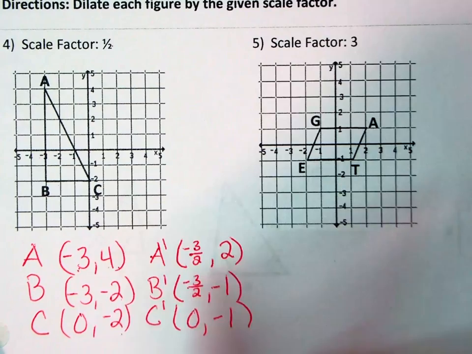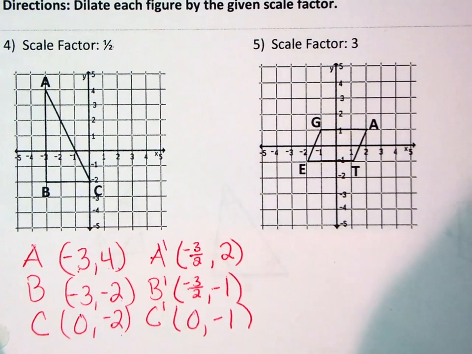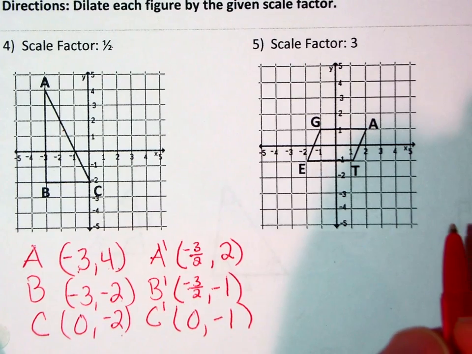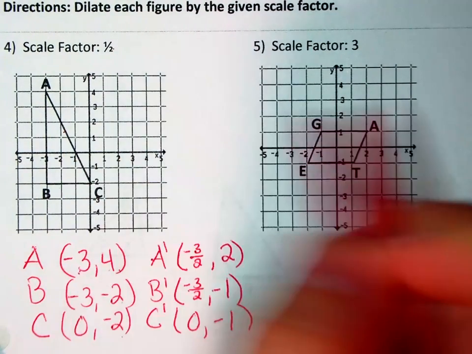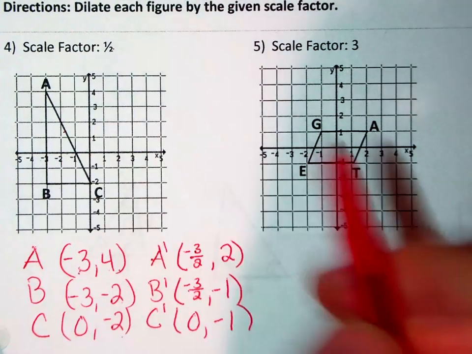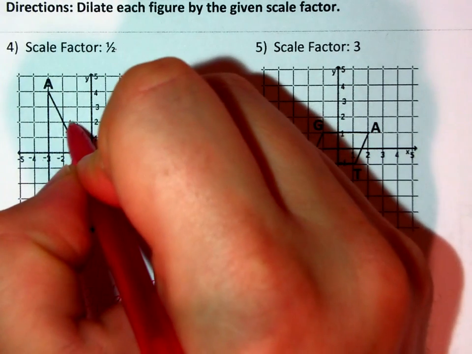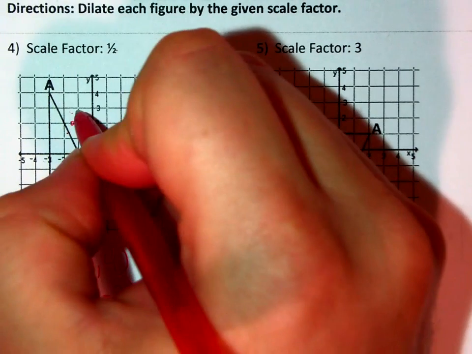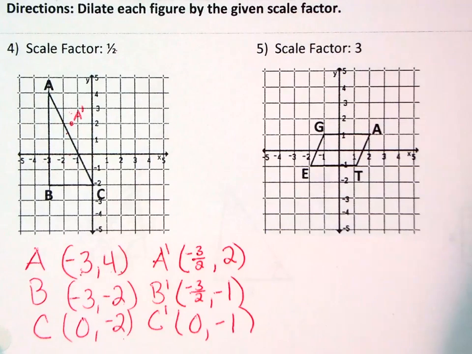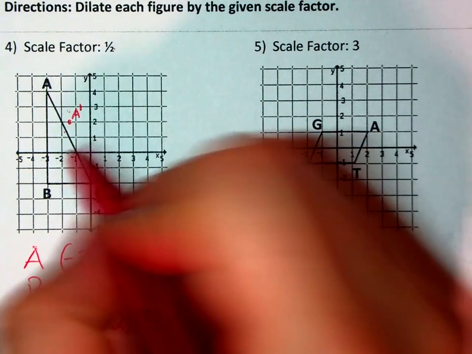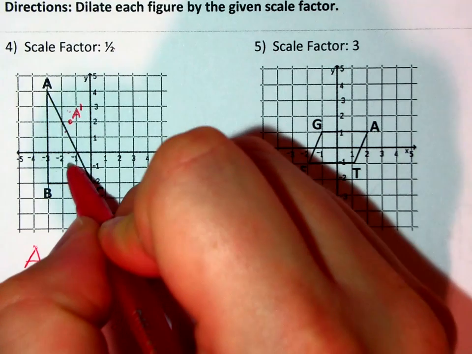And so now I want to plot these new points for my image onto my graph. So my A prime is -3/2 or -1.5, up 2. That is A prime. My B prime is -3/2, -1.